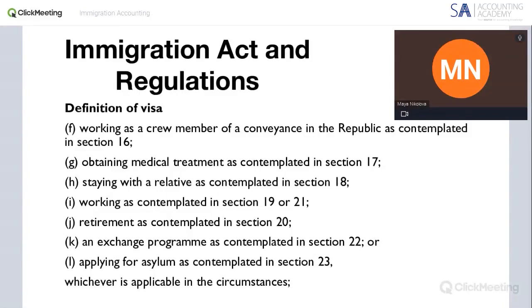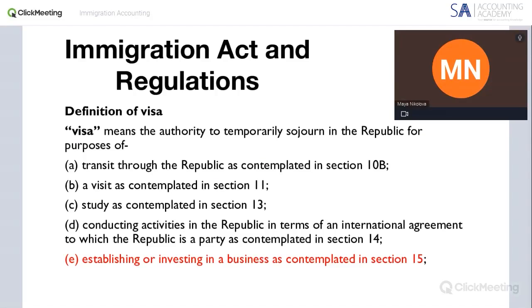So visa in terms of the Immigration Act is defined as all those subparagraphs. And as you can see, there is no definition of business visa. But if we go back to the previous slide, you can see in subparagraph E of the definition of visa in the Act, it states establishing or investing in a business as contemplated in Section 15, and therefore we have our business visa term.